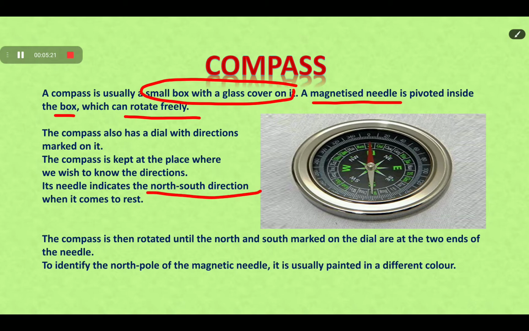To identify the poles of this magnetized needle, the needle is painted with different colors. As you can see in the image, one tip is painted red, which indicates the north pole, and the other indicates the south pole. So, these are some terms related to the compass, and it is used to find directions.